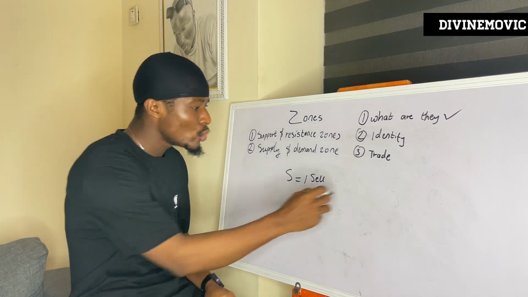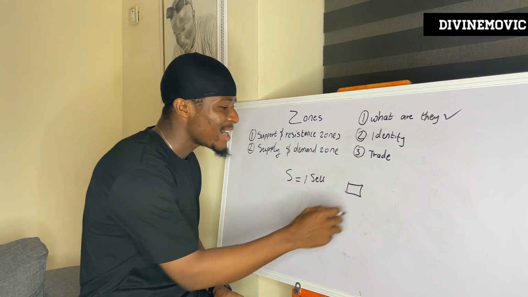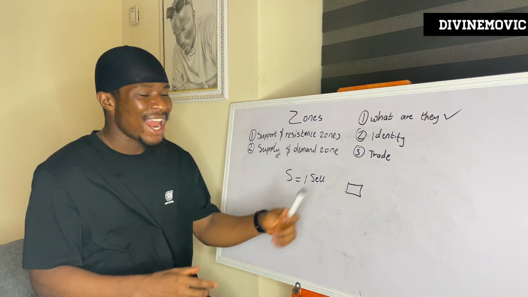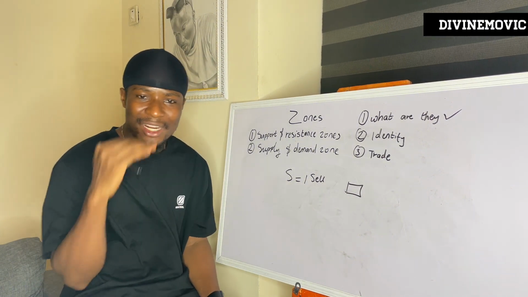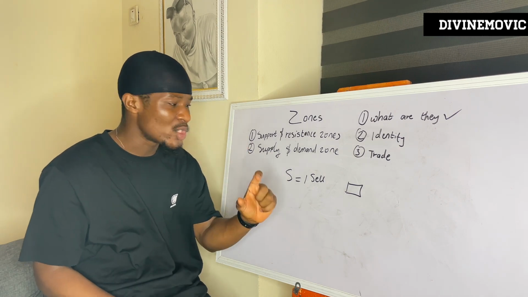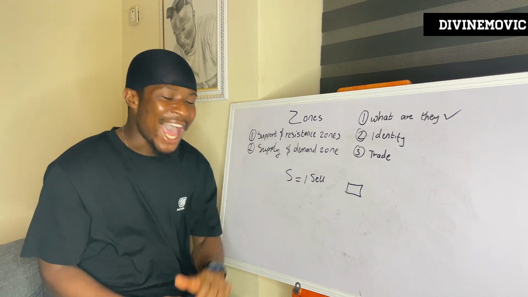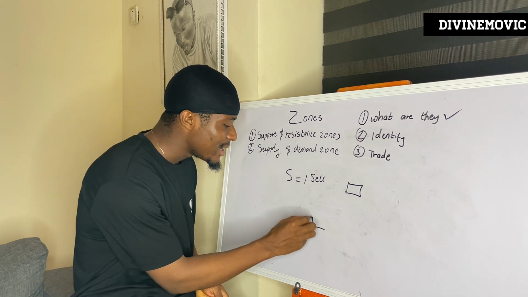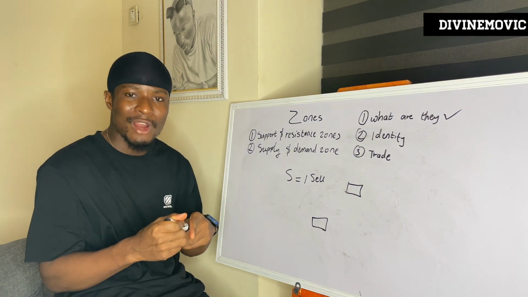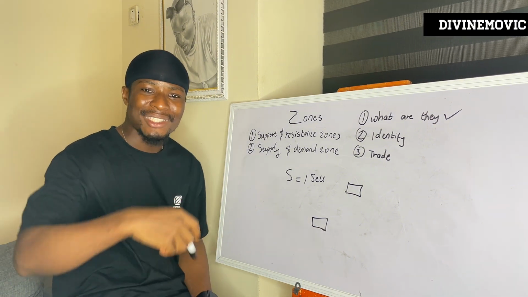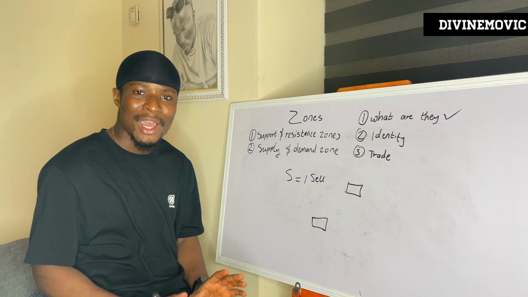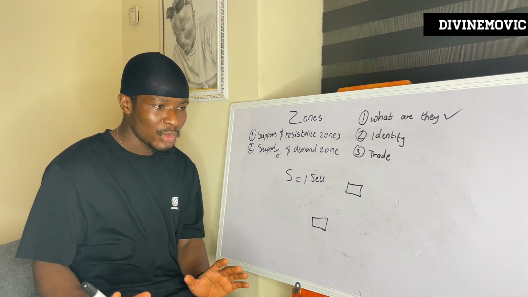That means any zone or area with possible large sell orders that need to be triggered into the market is referred to as a supply zone. And any zone or area where there is a large demand order that needs to be triggered into the market is referred to as a demand zone.